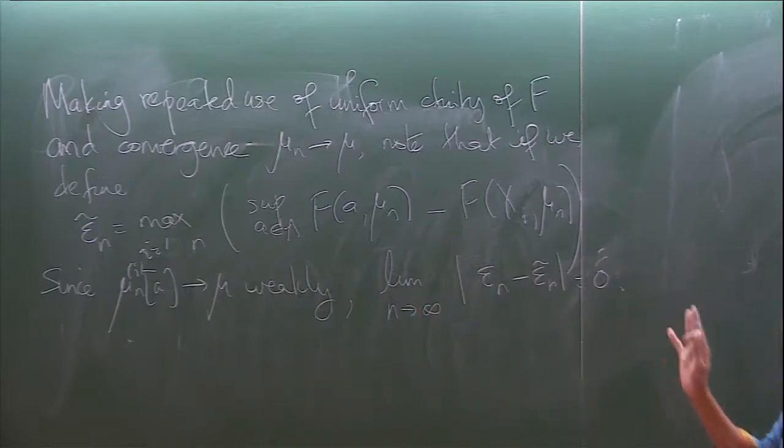So, in other words, to show that epsilon_n goes to 0, it's enough to show that epsilon tilde_n goes to 0.